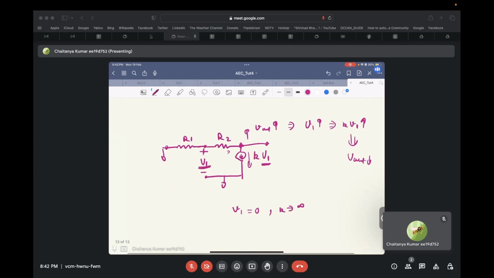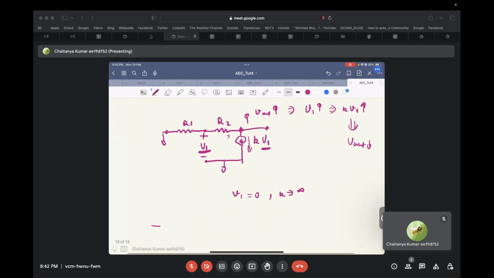Okay, so if that is the case, we have R1 over here, R2, so this node will be equal to 0, and if this node is equal to 0, the current that is flowing is V in by R1.